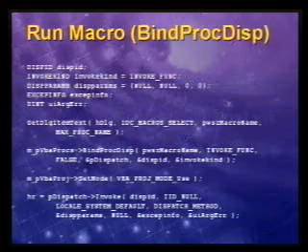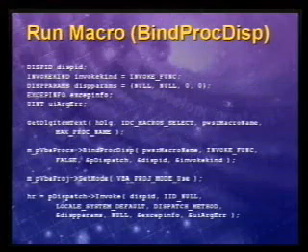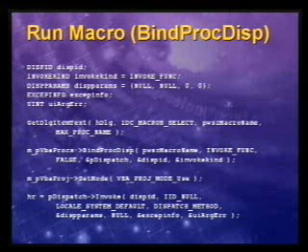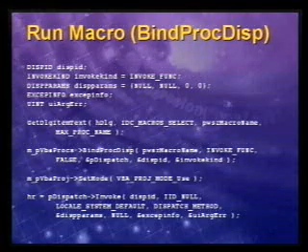Now the second way, the more complicated way to call a routine, is through an API called bindProcDisp. Bind proc disp is actually short for bind procedure dispatch. The way it works is very similar to iDispatch invoke.